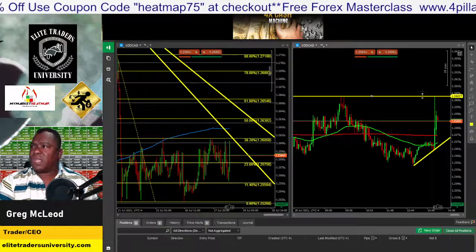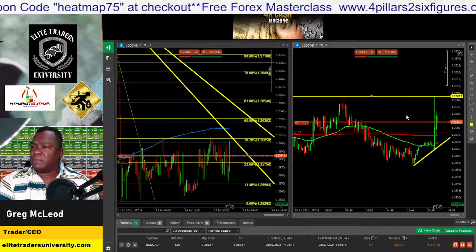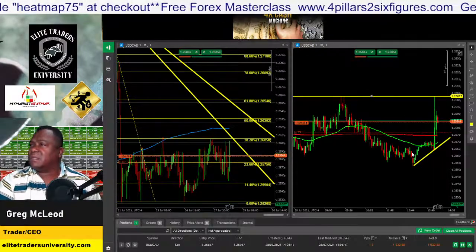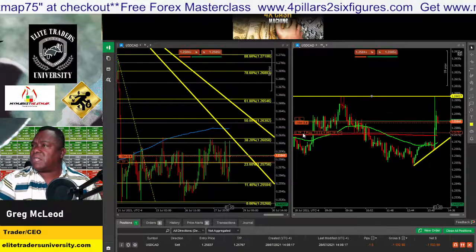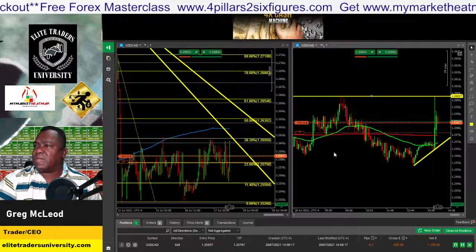Usually it's bearish against the wick. That's a pretty big short there. So I'm going to see if I can scalp short and pick up some quick pips.